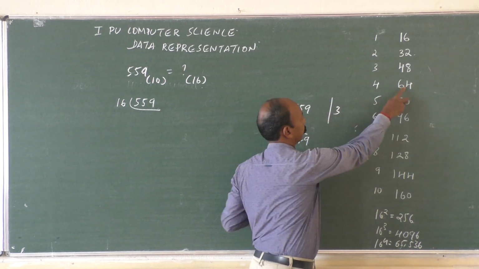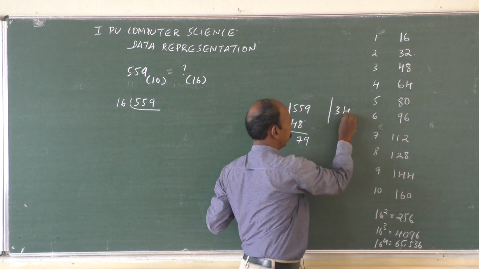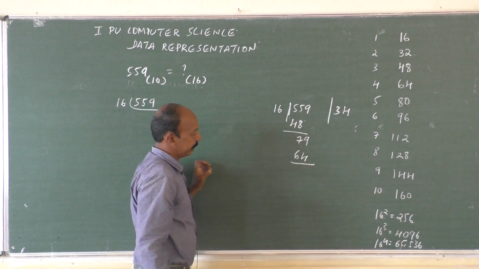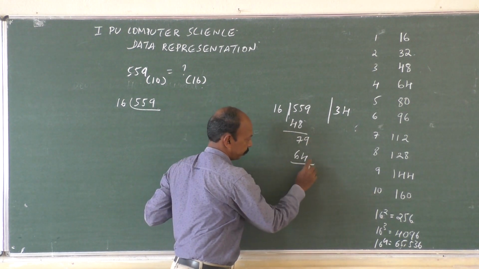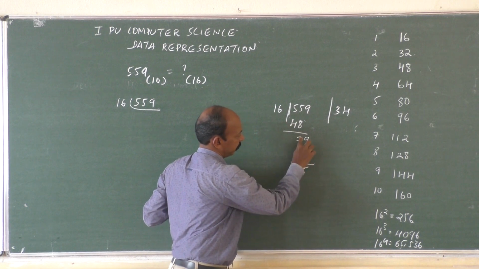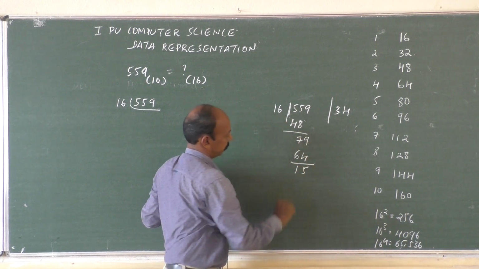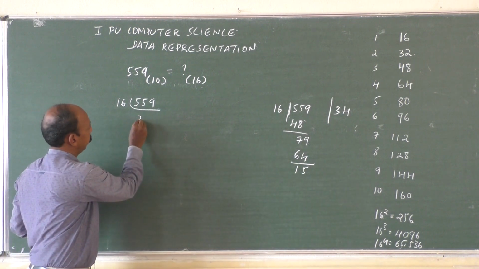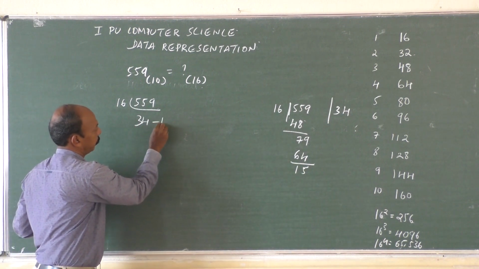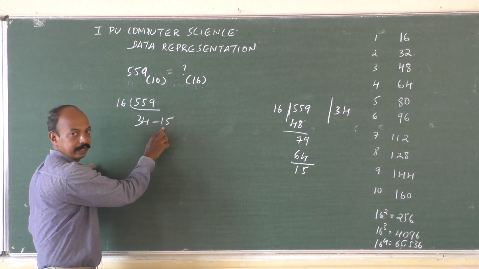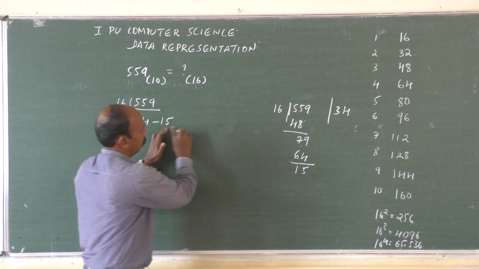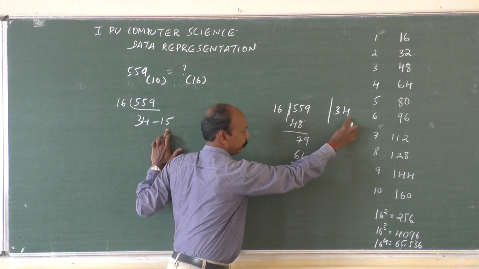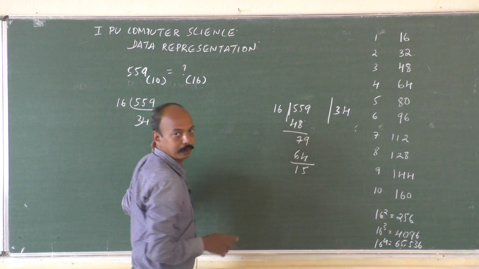So 16 4s are 64. 79 minus 64: 9 minus 4 is 5, 7 minus 6 is 1. So it is 34, remainder 15. Be careful, see, we got 15. If it was 560, it would have been 35 and this would be 0.